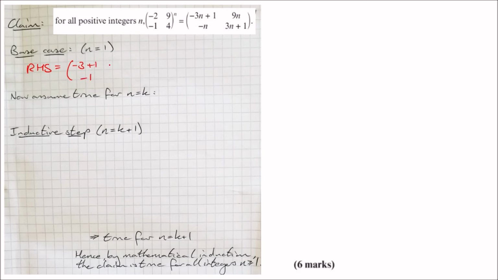We've got minus 3 add 1, minus 1, 9 and 3 add 1. Equals the left hand side, equals what we wanted it to be. So that is true for n equals 1.